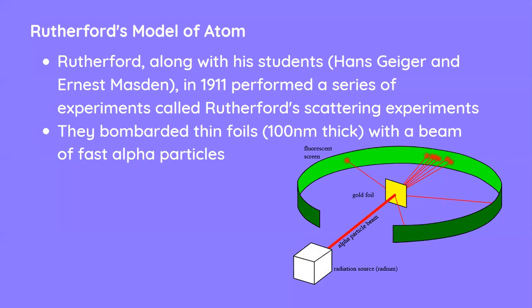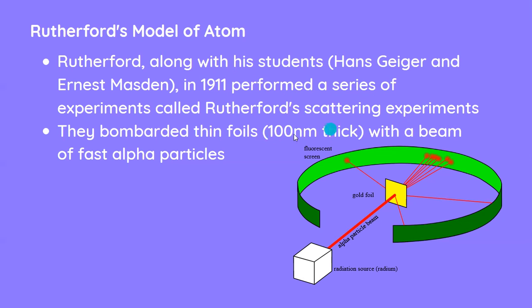So in comes Rutherford's model of the atom. Rutherford, along with his students Hans Geiger and Ernest Marsden, in 1911 performed these experiments called the Rutherford scattering experiments. What they did was they bombarded a gold foil with a beam of fast alpha particles. In the previous video, we had studied about what alpha particles were.